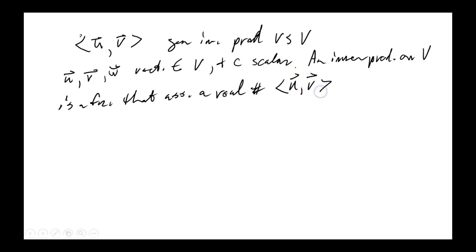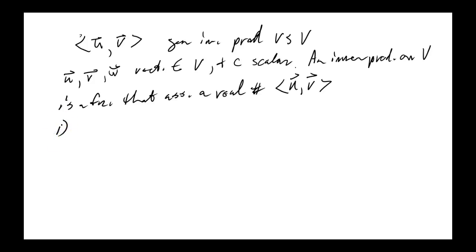Notice the angle brackets aren't designating any kind of vector anymore. They're indicating a real number, associated with each pair of vectors u and v, and it satisfies the following axioms.